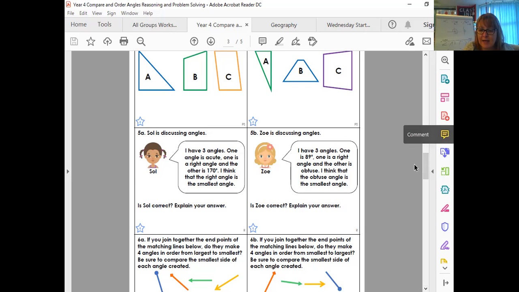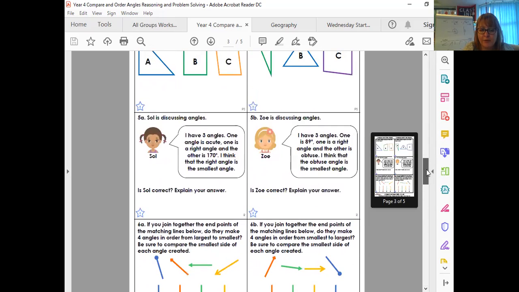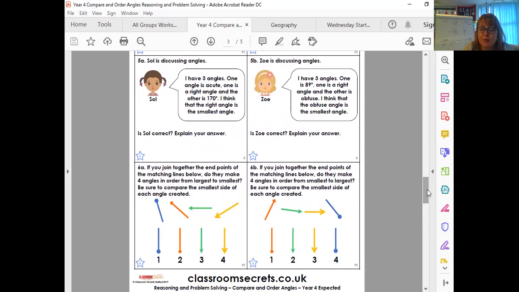And then 6A, if you join together the end points of the matching lines below, do they make 4 angles in order from largest to smallest? Be sure to compare the smallest side of each angle. So you've got to envisage it.